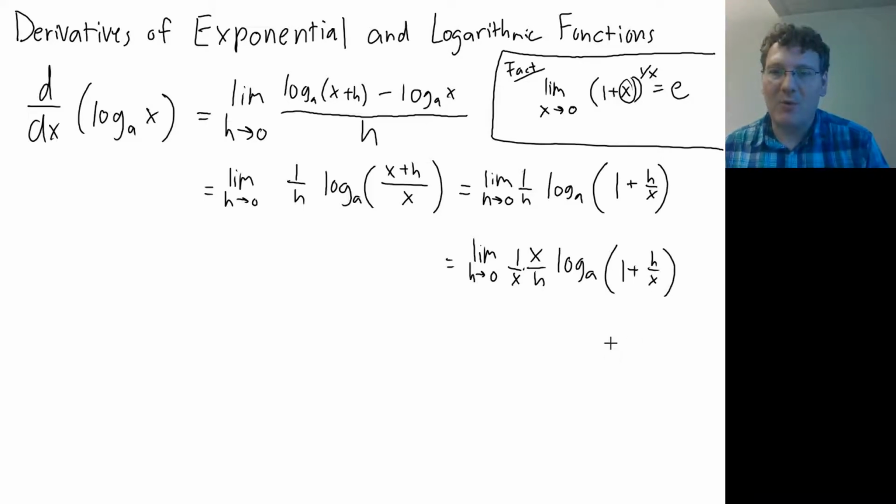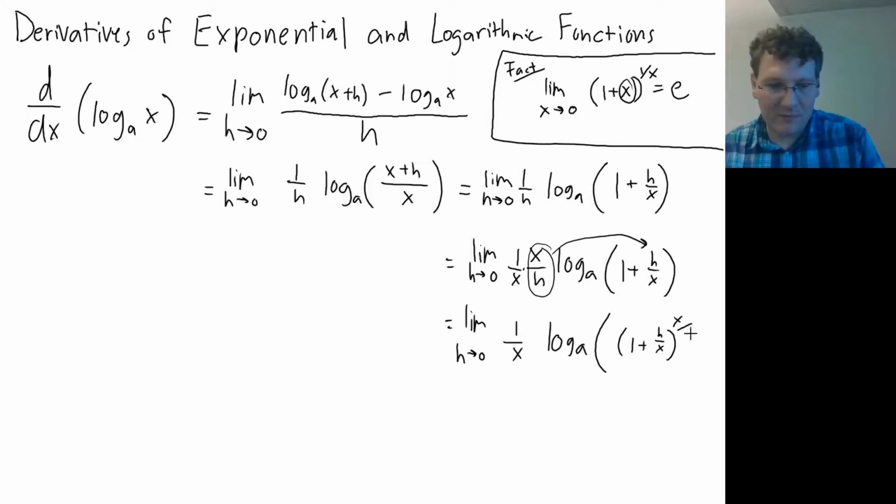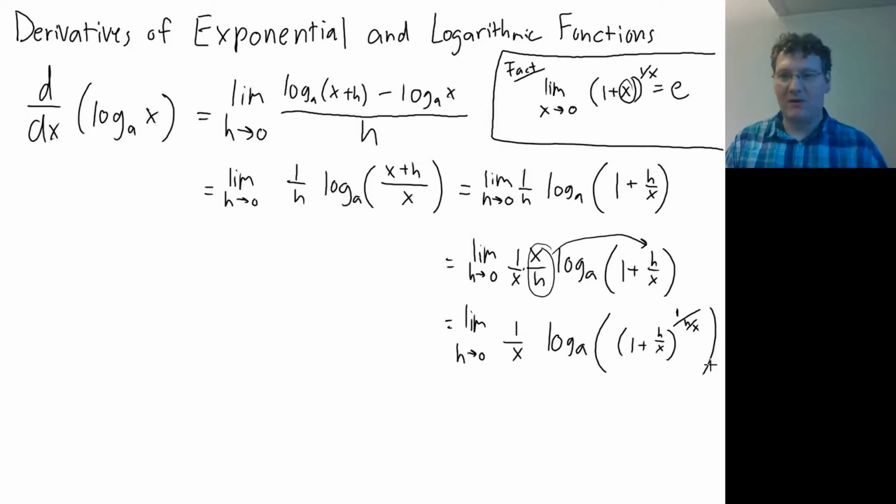Now I'm going to use the fact about logarithms that a coefficient times a logarithm can be brought up in as an exponent. So this is going to be the limit as h goes to 0 of 1 over x times log base a of 1 plus h over x to the power x over h, which I'll write as 1 over h over x, just to make it even more clear that that's what we're looking at.